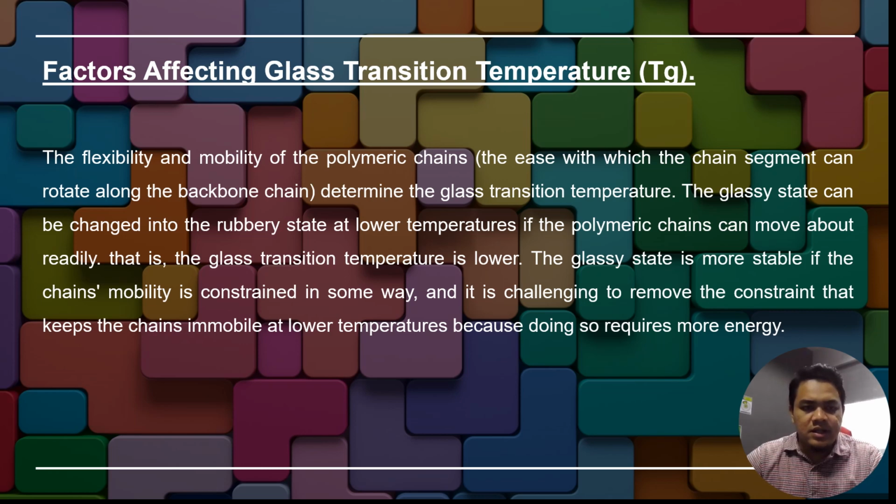That is, the glass transition temperature is lower. The glassy stage is more stable if the chain's mobility is constrained in some way, and it is challenging to remove the constraint that keeps the chains immobile at lower temperature because doing this requires more energy.